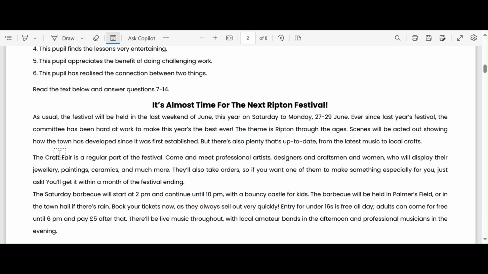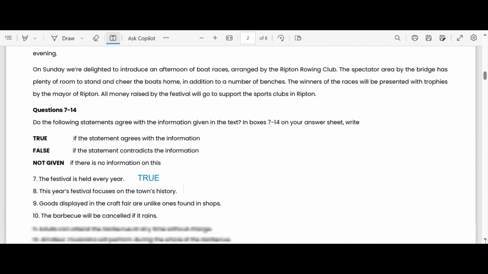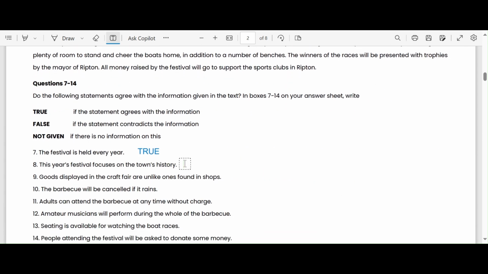The scene will be acting and showing how the town has developed since it was first established. So, how the town has developed means its history since it was established. So that means it's true, because the festival focuses on the history, how it was developed since it was established. So this question will also be true.